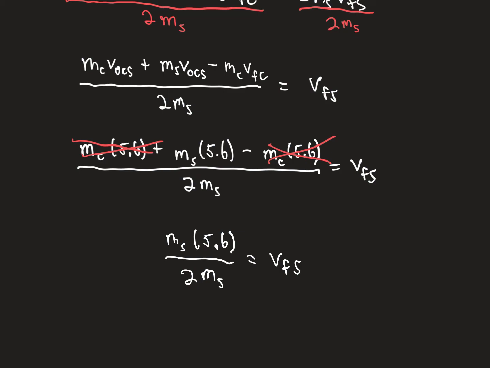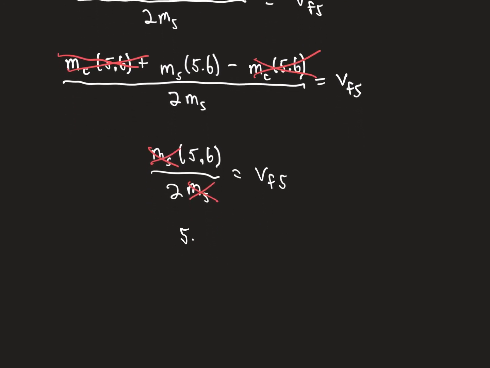Great. But then I still have M sled. M sled times 5.6 divided by 2 times M sled equals V final of the sled. I'm panicking. I don't know how to do this problem. I don't know what M sled is. Doesn't matter. Why? M sled divided by M sled. We just got rid of M sled. Multiple sclerosis is no longer a thing.